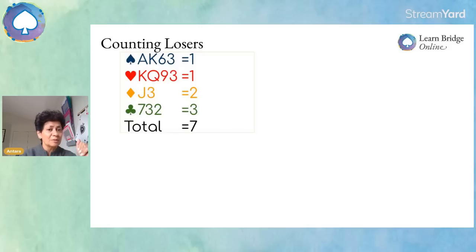Jack third, a doubleton. I don't have the ace, king, or queen. I've got two losers. With clubs, I've got 7, 3, 2. I don't have the ace, king, or queen. I've got 3 cards in that suit. They're all small, so I've got 3 losers. This entire hand has 7 losers in all.